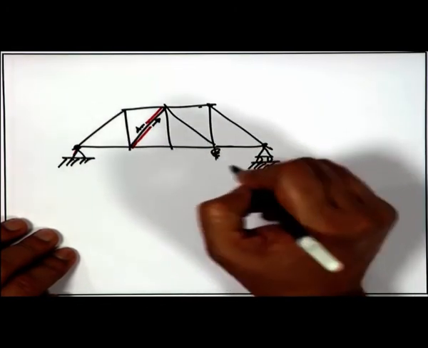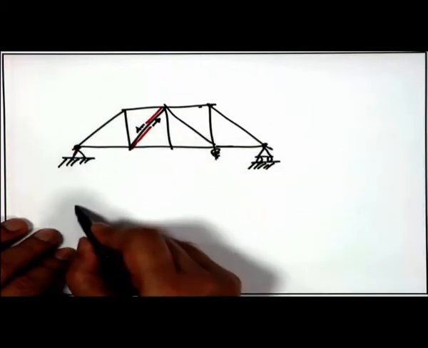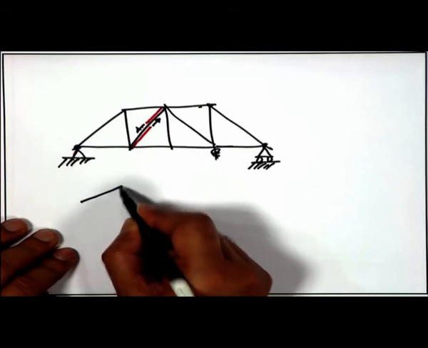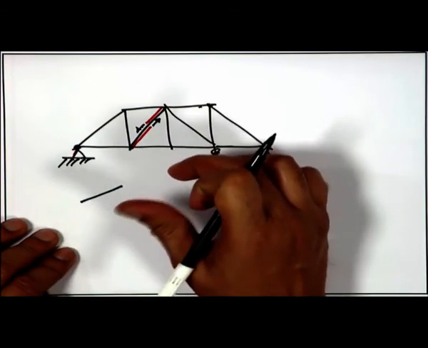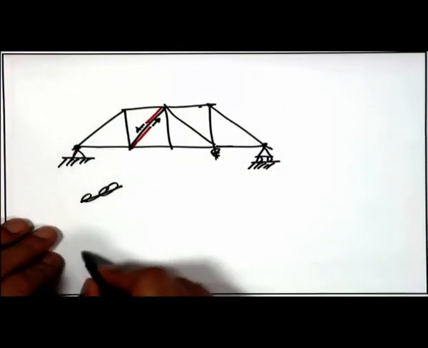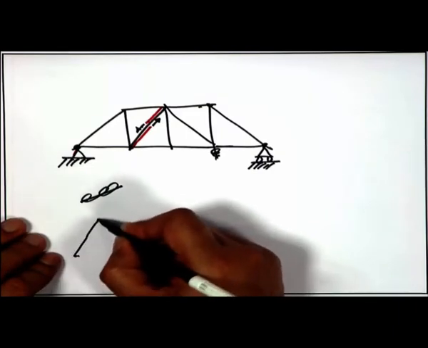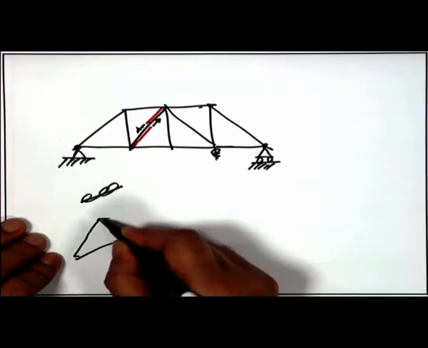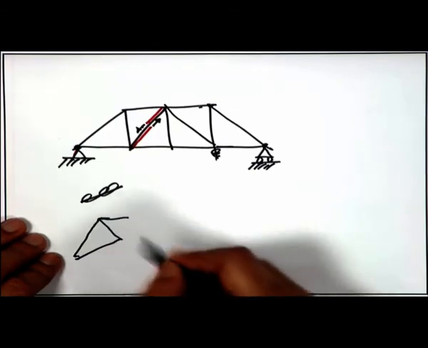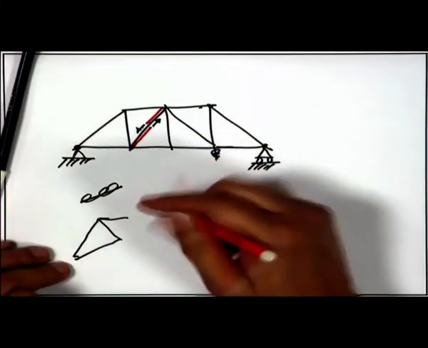All joints are pin joints. If I am putting them together, then this will go up, isn't it? So, this portion will go up, and this will be like this. So, this length of the truss will be shortened.